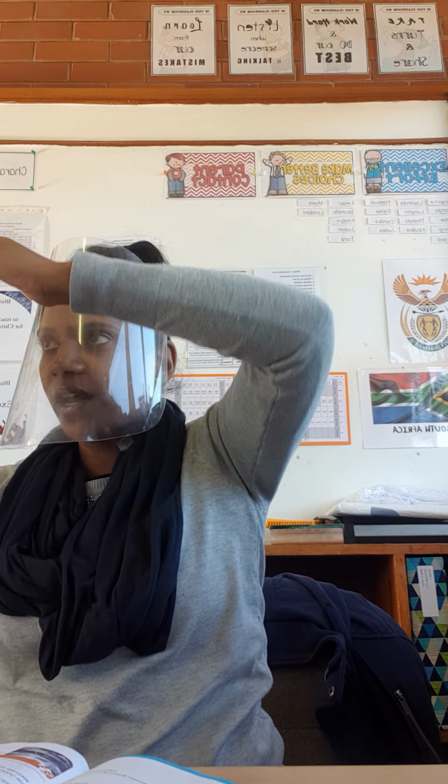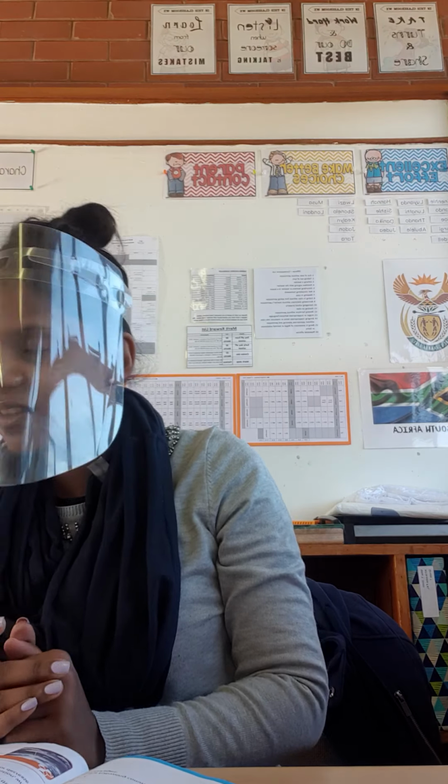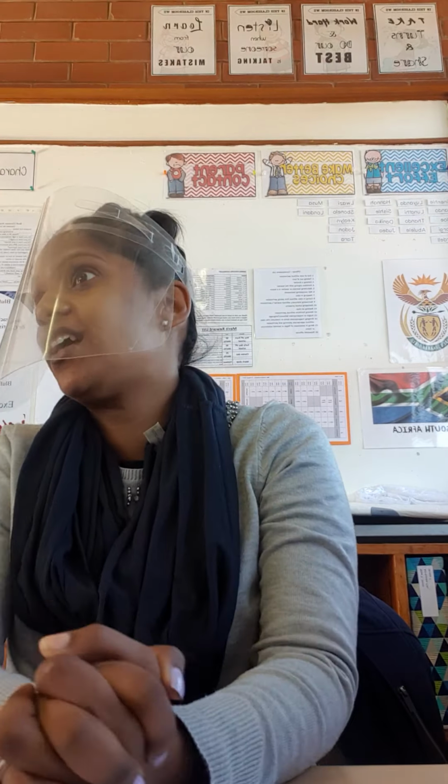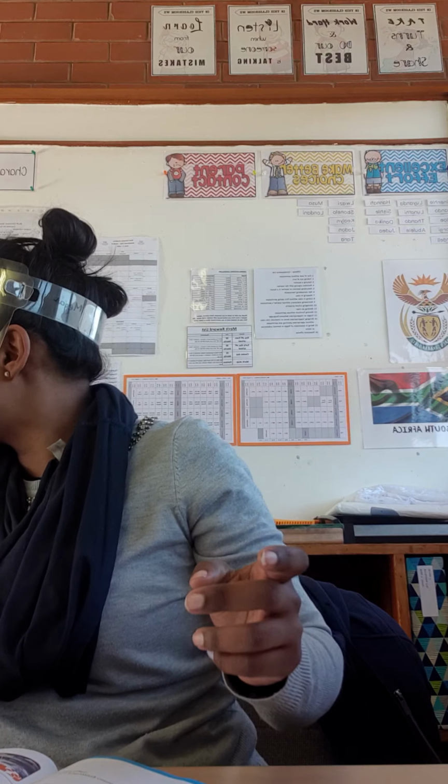So 231 minus what is going to give me 100? 131. Your brain didn't even need to do a calculation there, hey? Because you're working with whole numbers there. Right. So you will say 231 minus 131 equals 100. All your answers there must be 100 like mine is on the board.